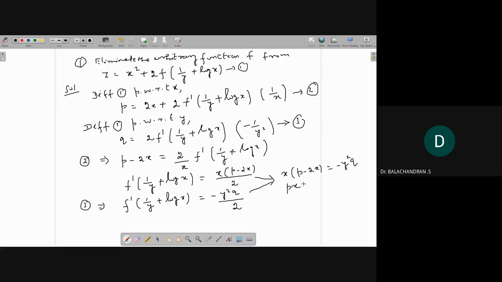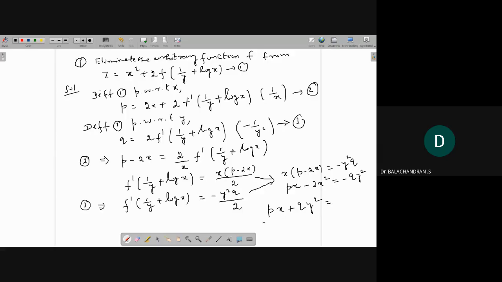So px minus 2x square equal to minus q y square. Usually you should write the final answer in the form of p into something plus or minus q into something, equal to a function of x, y, z.